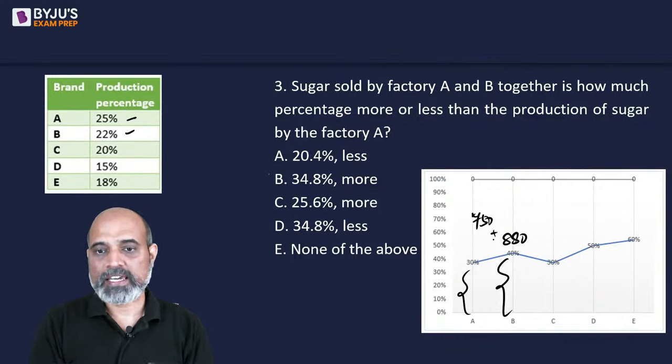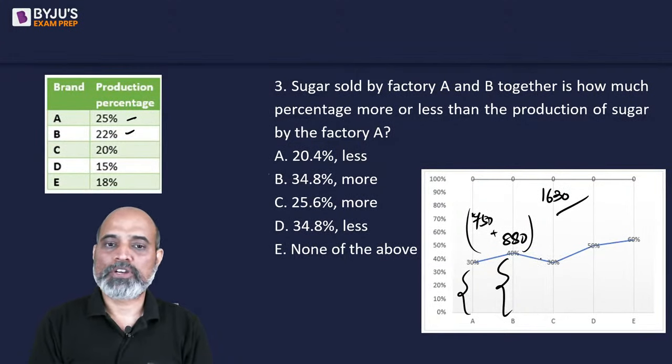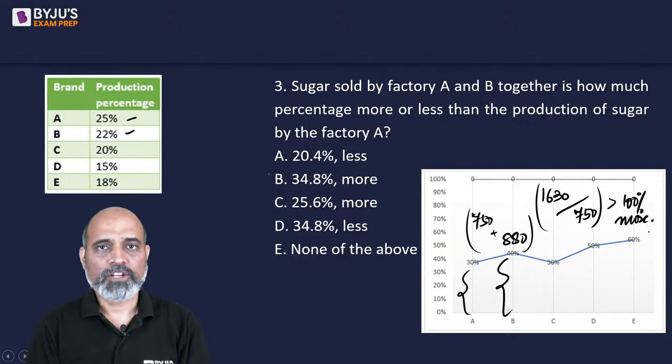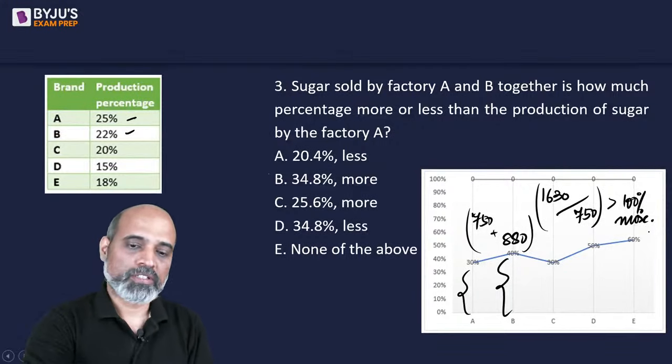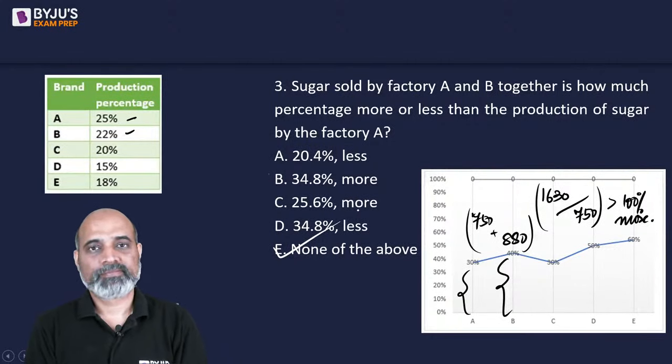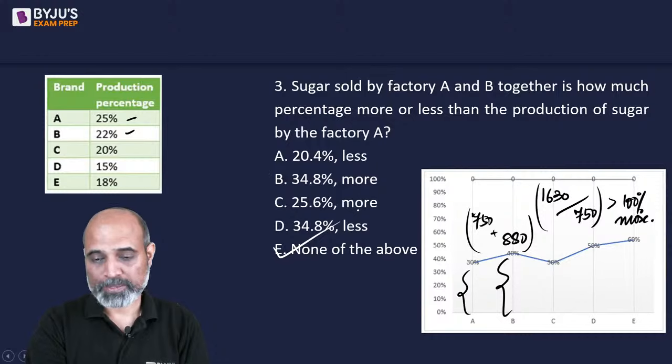So question says कि इन दोनों का together, which is going to give us 1630, is how much percentage more or less than the production of the sugar by factory A. So factory A का production जो है वो आपका केवल 750 है. So this is definitely more than 100%. है ना? Numerator is double of denominator. Double से ज़्यादा है, तो 100% से ज़्यादा है. So just like I said before, it's rare, पर यहाँ पर आंसर हो जाएगा none of the above. Right? 100% we don't see in the options.